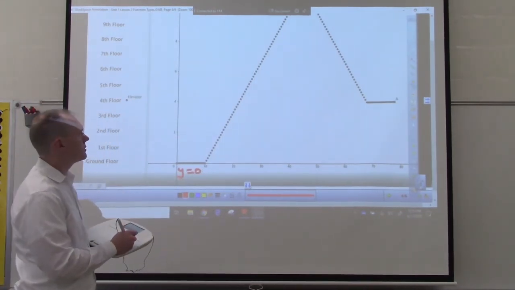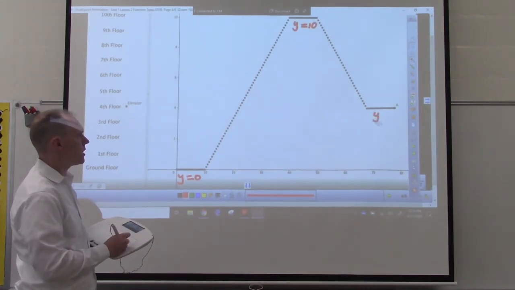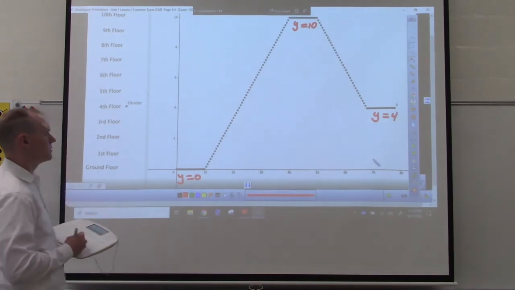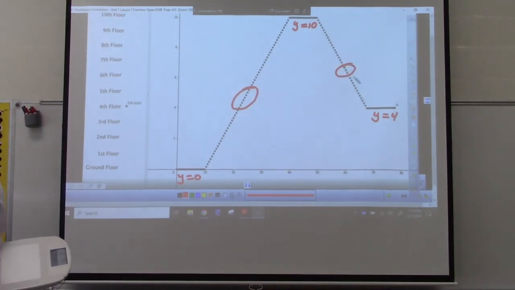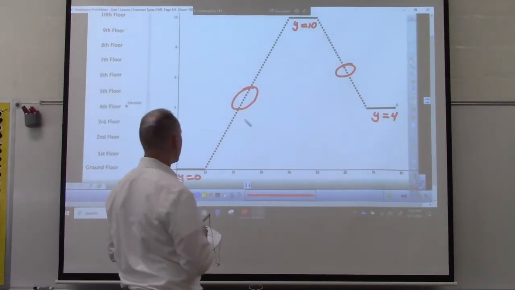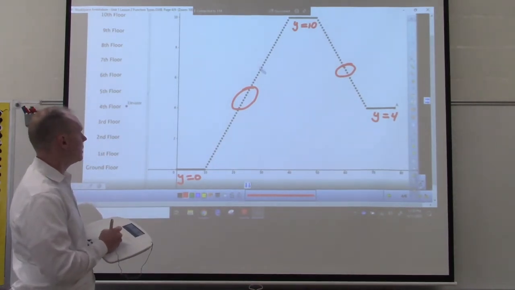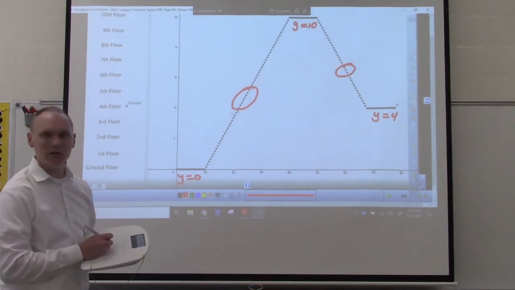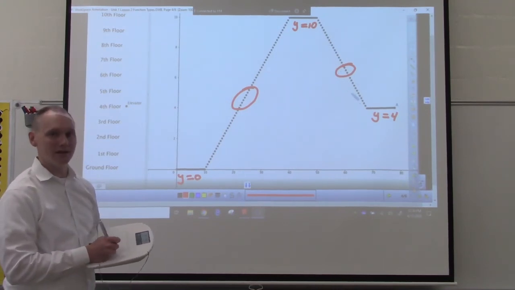This one right here at the top would be y equals 10, another horizontal line. This one right here is y equals 4, I believe it was. And then these two here are modeled by linear functions, with a slope and y-intercept. I imagine this slope here is a positive slope, obviously, because it's increasing. And this one would be the same slope, but negative.